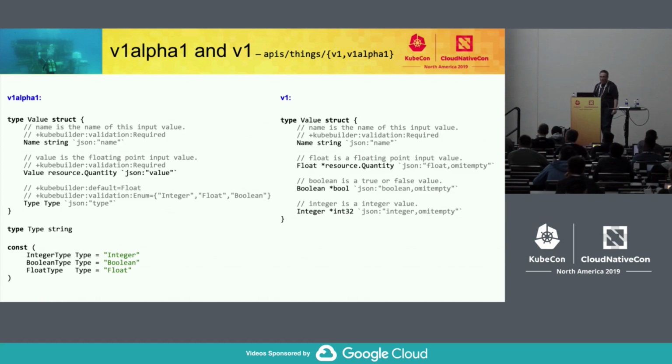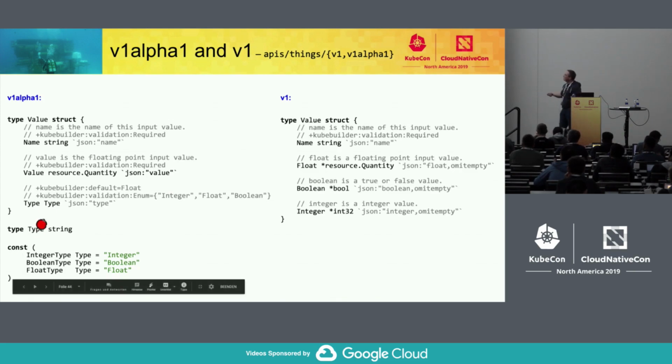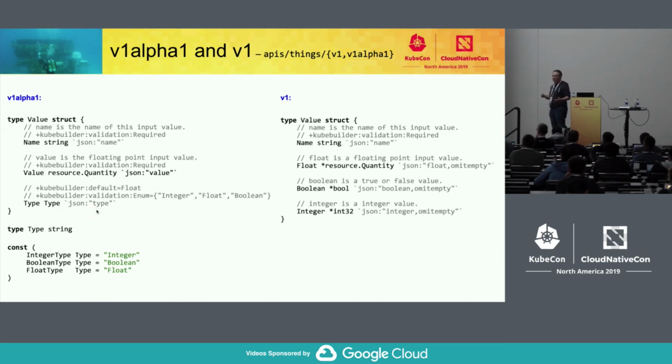So let's look at our type value. As I said, all inputs are values, so this is really the core of the CRD. Here's a representation which we invented in v1alpha1 when we maybe didn't have lots of experience with API types, so we chose this representation and we don't like it.